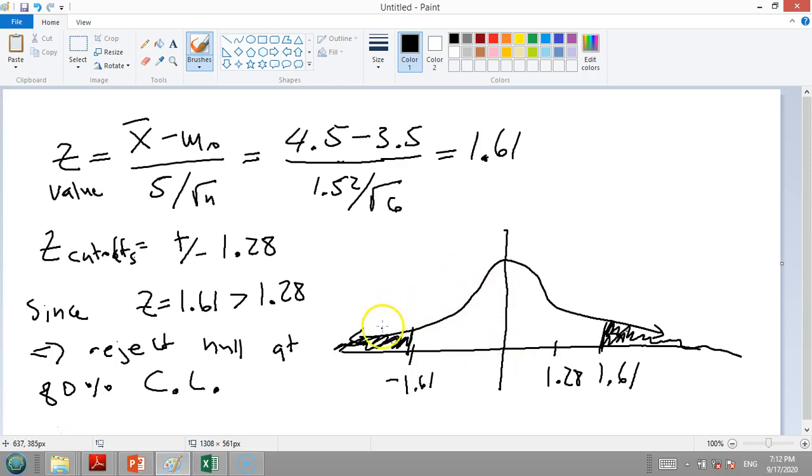So the area here is 0.0537. And that implies by symmetry, the area here is also.